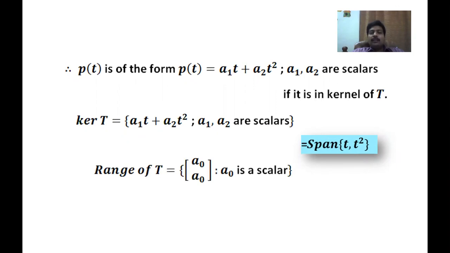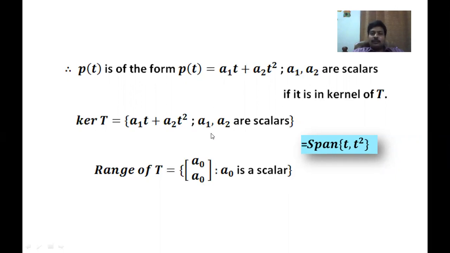Similarly, range of T will be like this, A0 and A0. Since it is P of 0 and P of 0, both are equal to A0 and A0, such that A0 is a scalar. So in the range, you can get vectors like this only. Both the entries must be equal. You can't produce 5, 4 with this linear transformation.